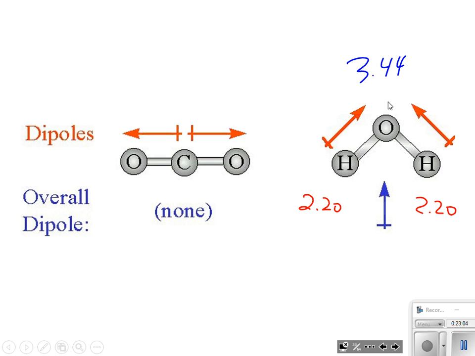The hydrogen ends are partially positive. This polarity helps give water some unique properties due to the polarity.